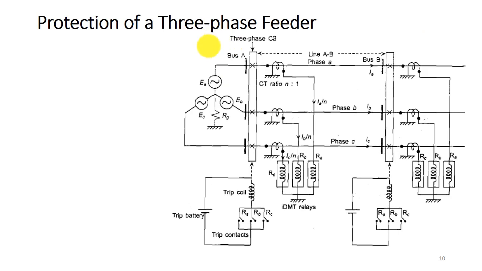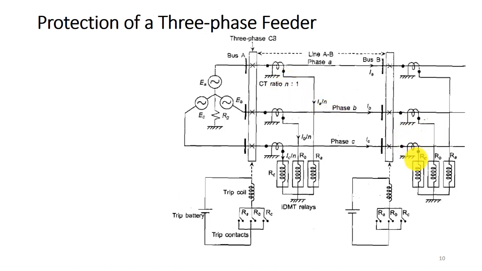Let us see the protection of a three-phase feeder. Here we have a three-phase feeder, phase A, phase B and phase C, with two buses, bus A and bus B. Bus B is connected with a relay, and bus A is connected with another relay.